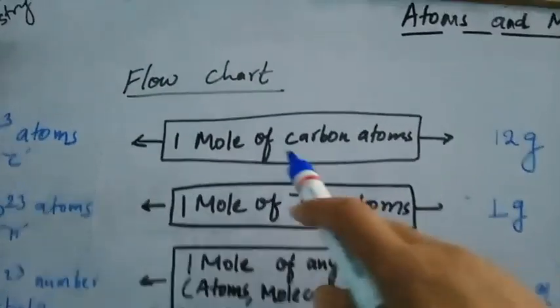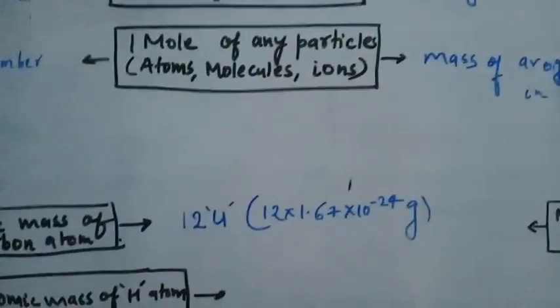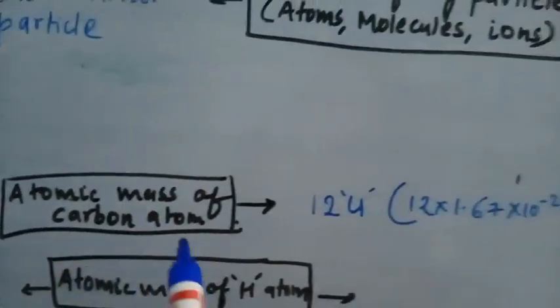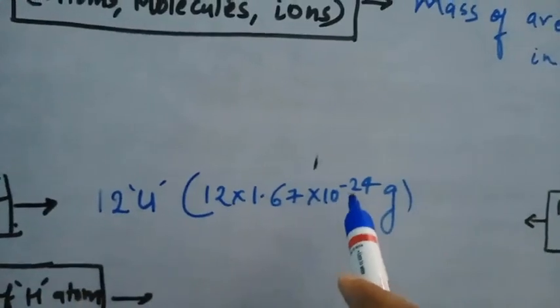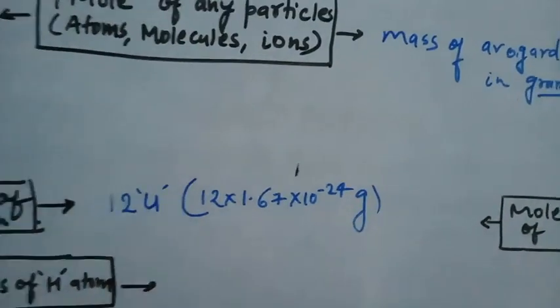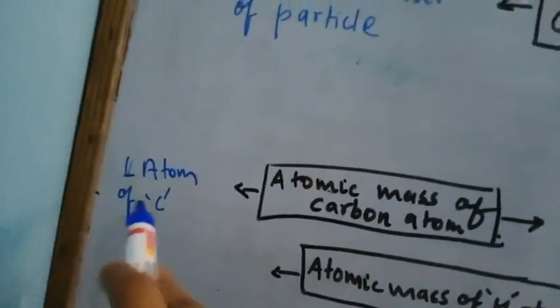So what a large difference you can see. 1 mole of carbon atoms is 12 gram, whereas the atomic mass of a carbon atom is 12 into 1.67 into 10 to the power minus 24 gram. This is the mass of 1 atom of carbon.